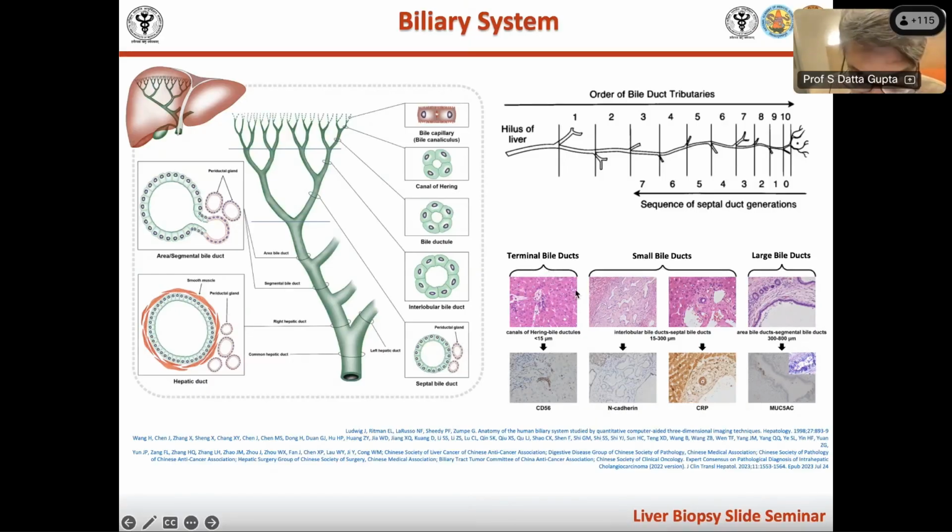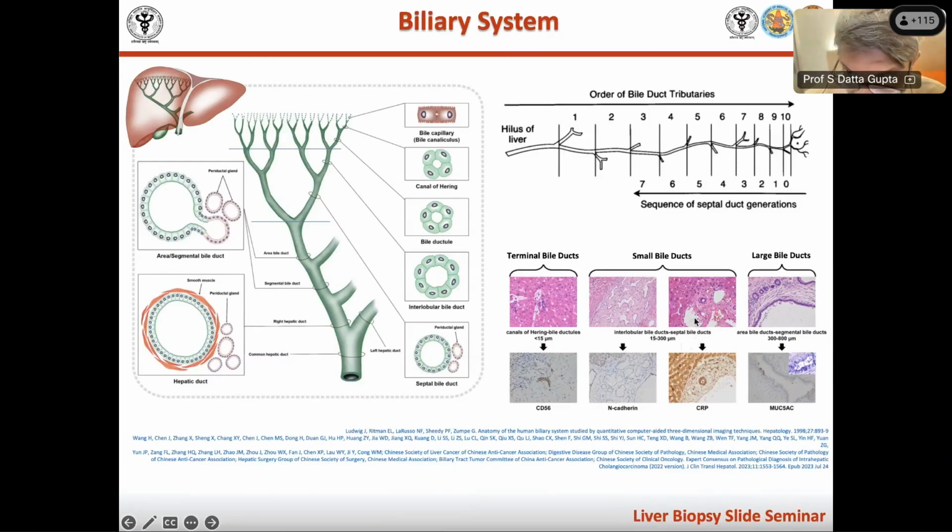So terminal bile ductules, canals of Hering, they are less than 15 micron. 15 micron is about the size of a neutrophil or a large lymphocyte. Less than that you will get. So canaliculi and all, normally you don't see canaliculi. Canals of Hering also you hardly ever see in the normal liver. Small bile ducts, then you go to the portal tracts.